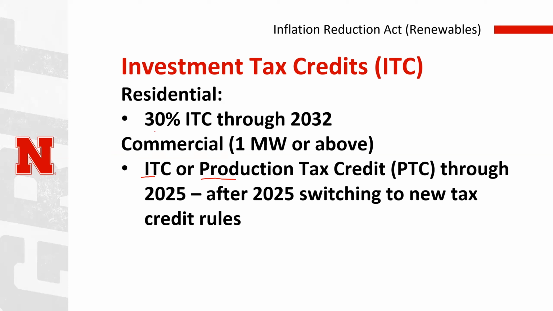I say almost because remember, this is a tax credit, and those that aren't paying taxes have some different things going on, which I'll present in just a moment. But you don't get it right away. If you install that system in June, you're not going to get this tax credit until you do your taxes the next year. So you still have to write that check for the full amount and get that tax credit the next tax year.